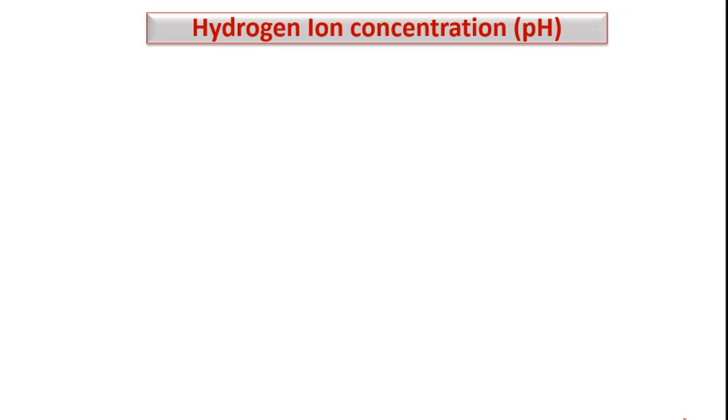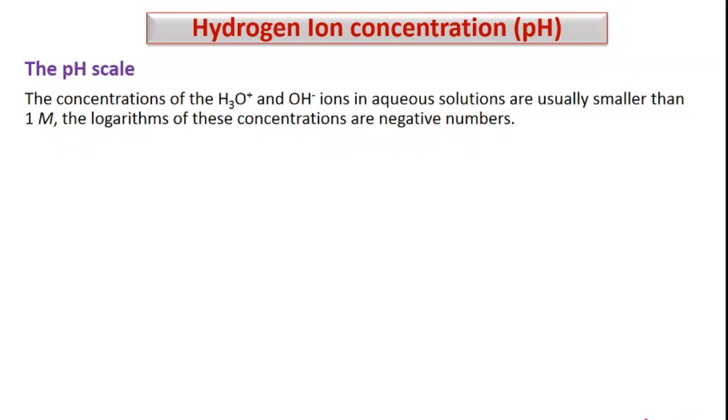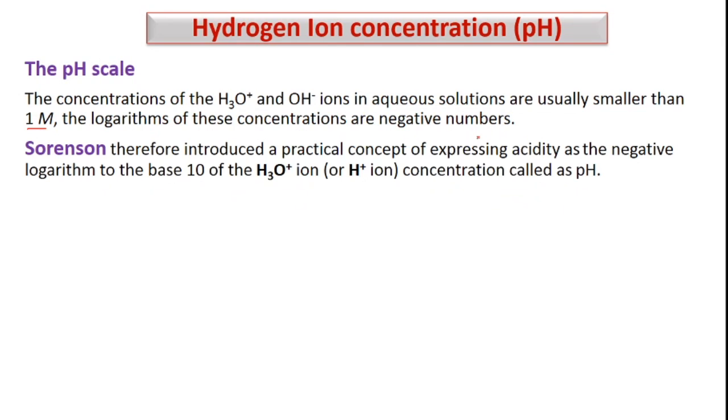Now another terminology which is used to indicate the strength of acid is hydrogen ion concentration or pH value. The concentrations of hydronium ion and hydroxide ions in aqueous solution are usually smaller than 1 molar, and the logarithms of these concentrations are negative numbers. Therefore, Sorensen introduced a practical concept of expressing acidity as the negative logarithm to the base 10 of the hydronium ion or H plus ion concentration, called pH.